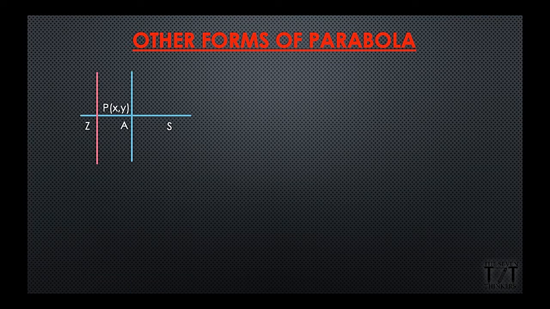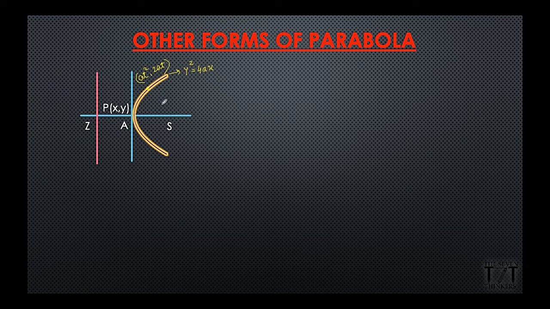So in the previous lectures, we have seen the parabola y square is equal to 4ax. And in the previous lecture, we also saw the parametric coordinates of this form of parabola as at square comma 2at.